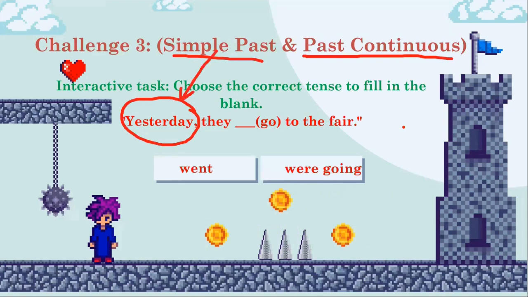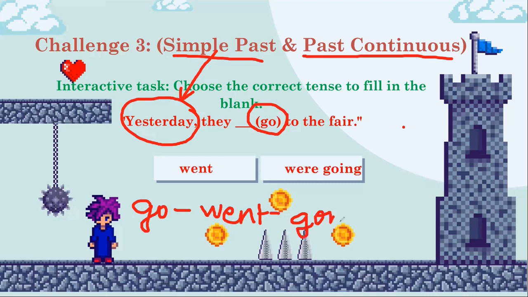So we have to change this verb into the past form. We have go for verb 1, went for verb 2, and gone for verb 3. Of course the answer is went. Congratulations to the students who had the right answer.